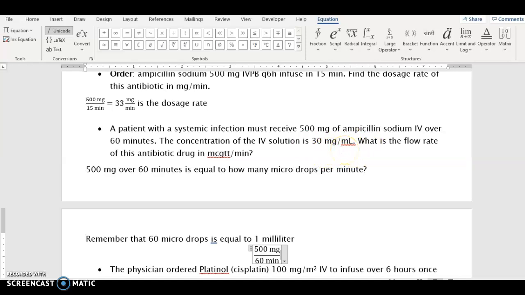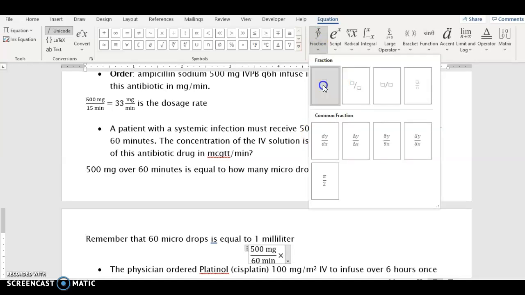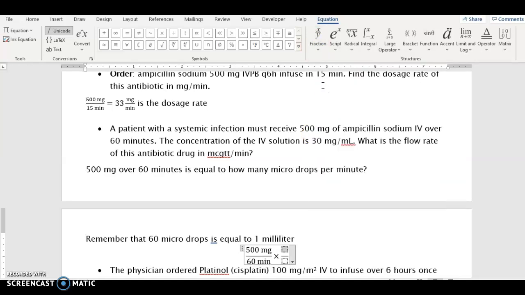So let's convert this by multiplying by 1 milliliter. We're going to invert the concentration, so 1 milliliter goes in the numerator and 30 milligrams in the denominator.